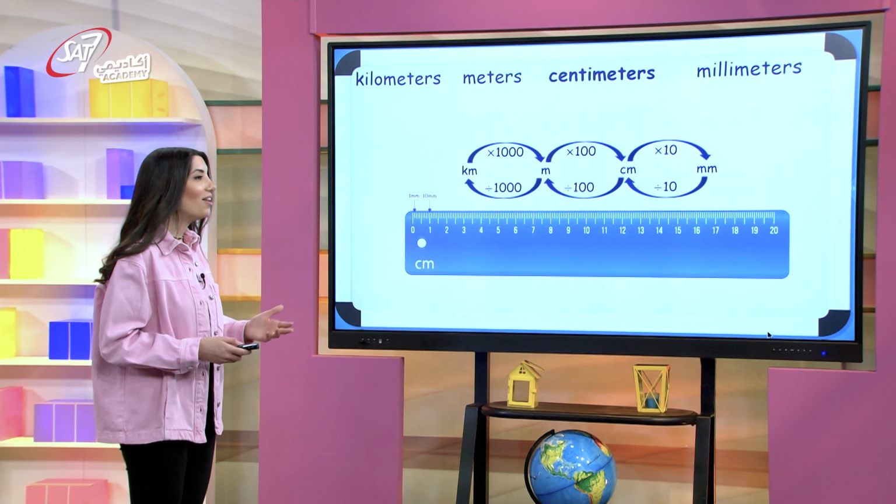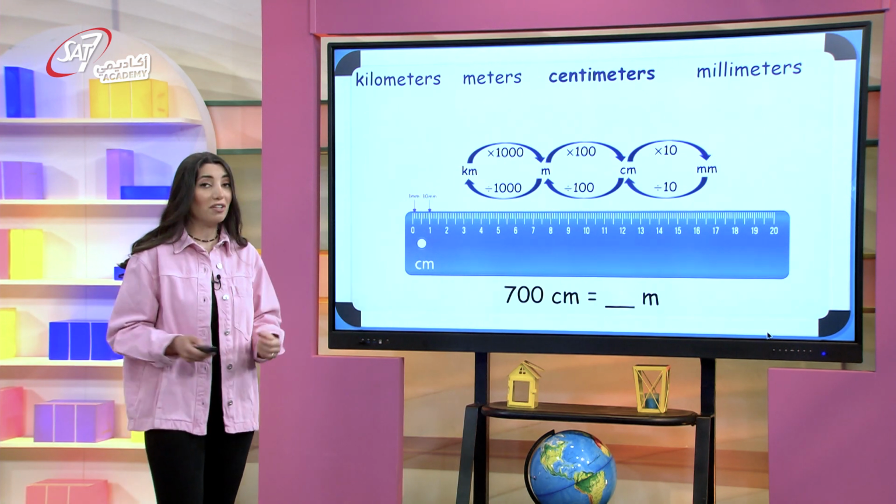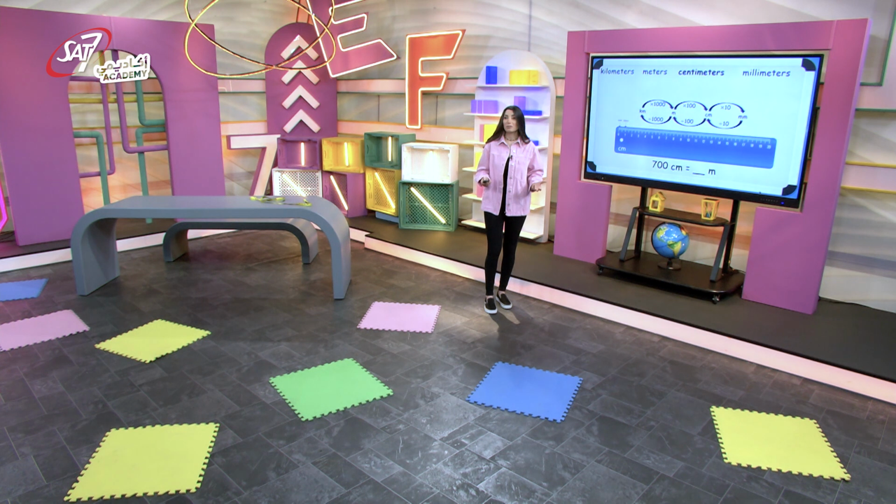And if we divide a meter into 100 parts, each part represents 1 centimeter. How many meters are there in 700 centimeters? We divide by 100. This room is 700 centimeters long, or 7 meters.